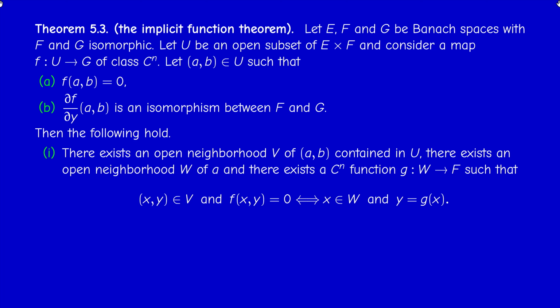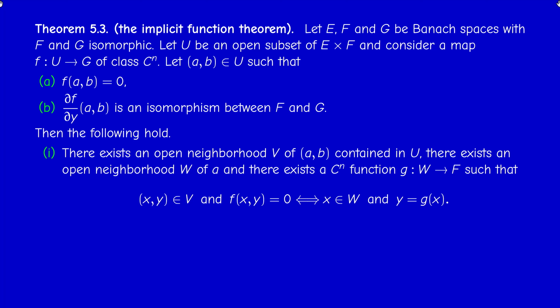Then, in simple words, we can solve locally the equation f of x equals y, and y in terms of x. So more precisely, there is an open neighborhood capital V of (a, b) contained in U, and an open neighborhood W of a, and a smooth map of class C^n, g, from W to F, such that g solves the equation, but in some sense it's unique locally.